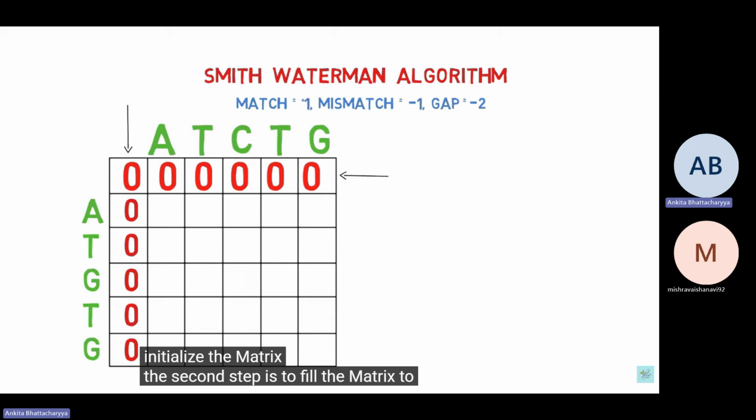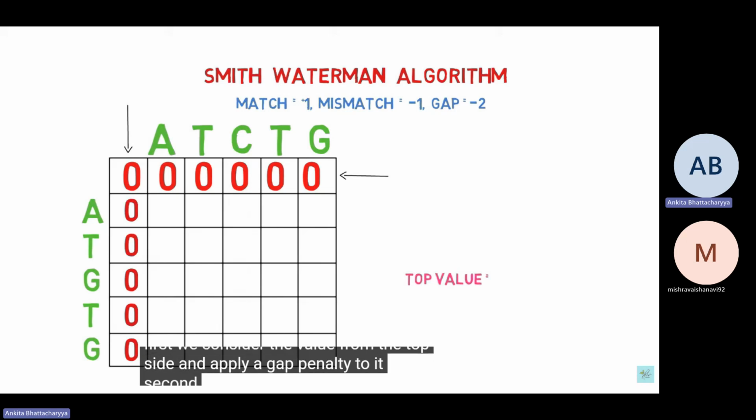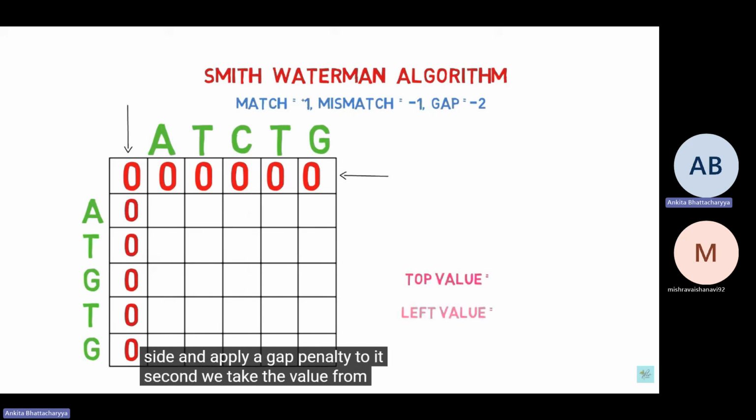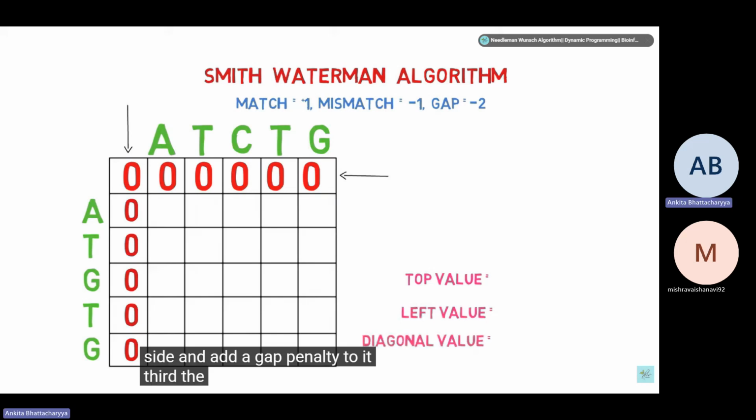To fill the matrix, we consider the maximum value from the 4 cases. First, we consider the value from the top side and apply a gap penalty to it. Second, we take the value from the left side and add a gap penalty to it. Third, the diagonal value is considered.